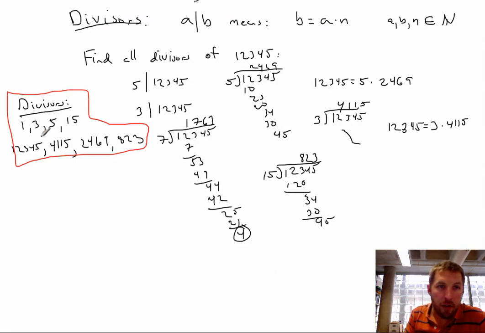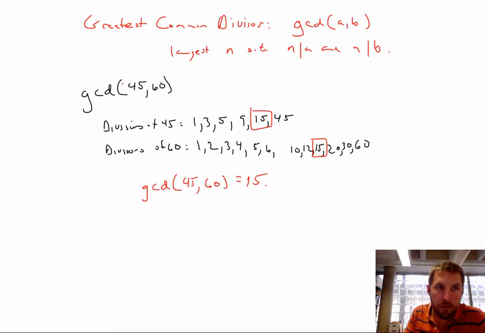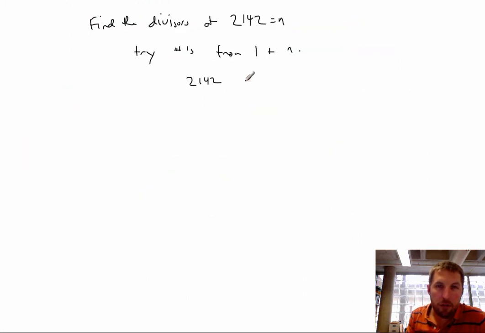We found 3 went in, and then we knew that 3 had a partner, 15. So we did that just by knowing that 3 had a pair. 5 also had a partner, and then 15 also had a partner. So let's see if we can exploit that idea of the partners to our advantage.